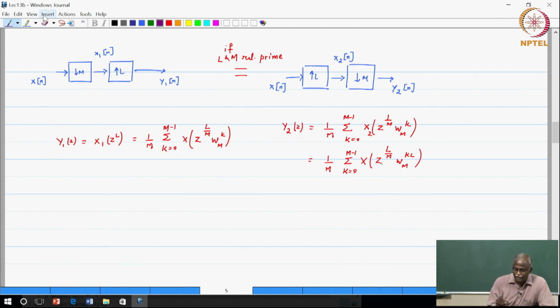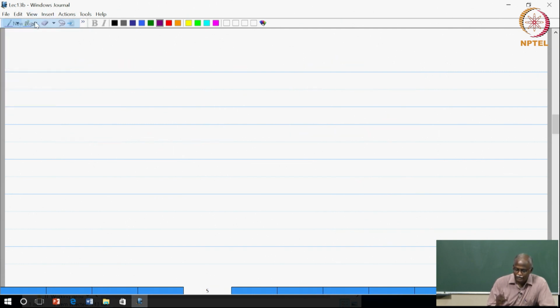So, let me reinforce this with an example. Example 1, applying the concepts of multiplexer and demultiplexer. I have x of n.